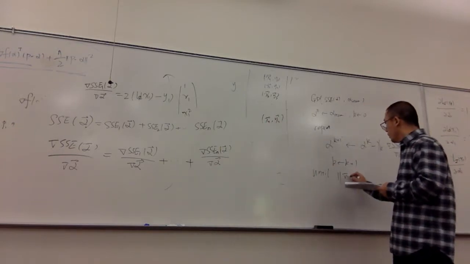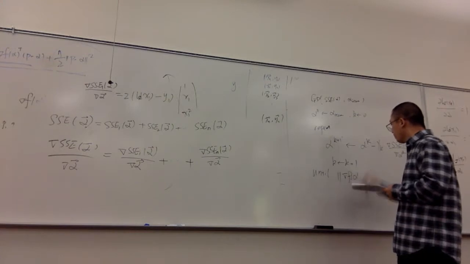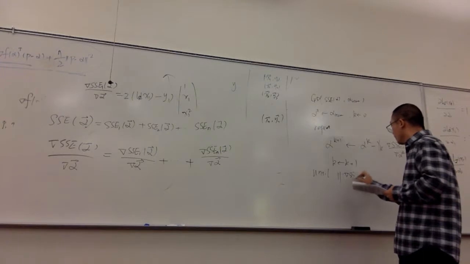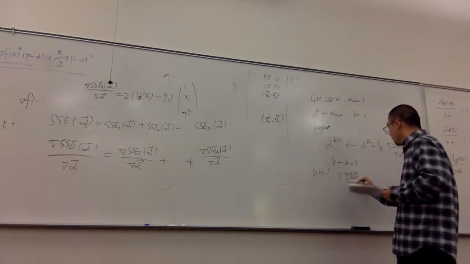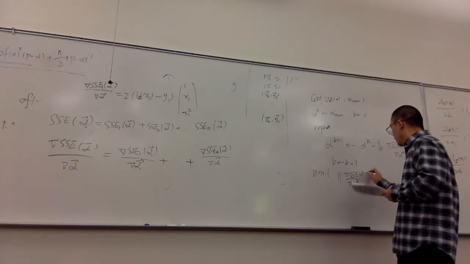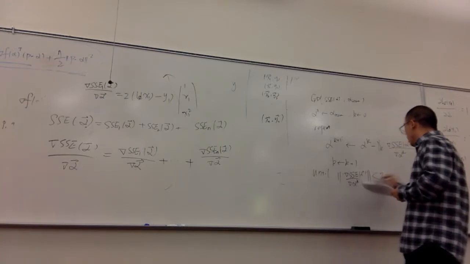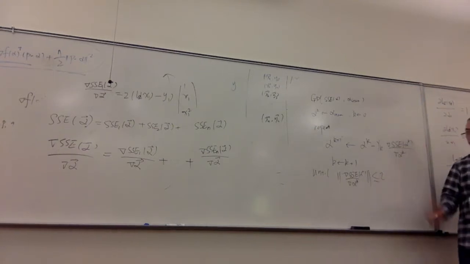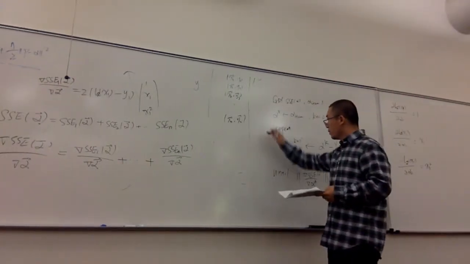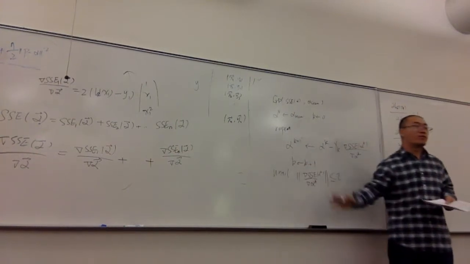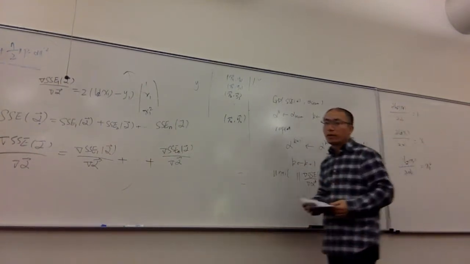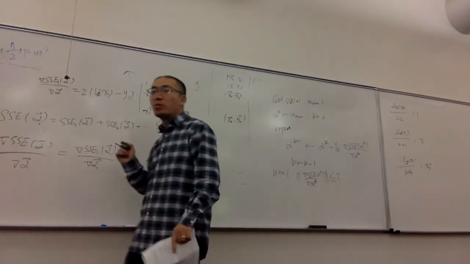For example, the gradient of the current SSE is smaller than some tolerance level, tau. Right? So this is an algorithmic framework for us to learn our second-order polynomial regression model.